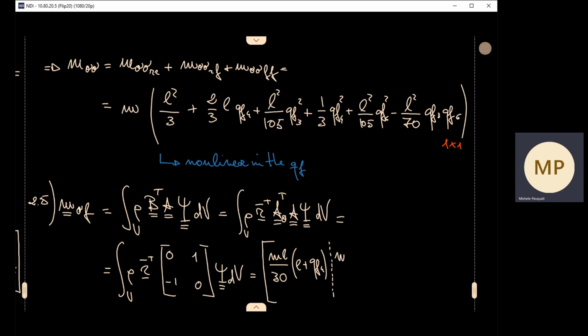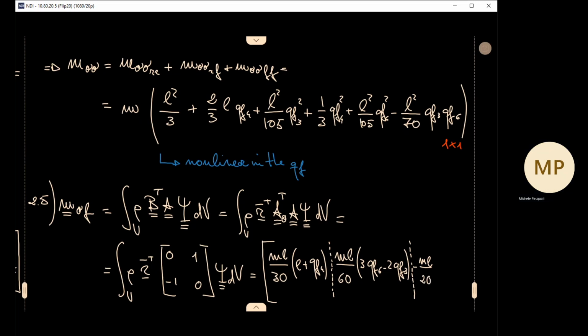Then you get M L divided by 60, three QF6 minus 2 QF3, and this is the second column, and then you get minus M L divided by 20 times L plus QF4.